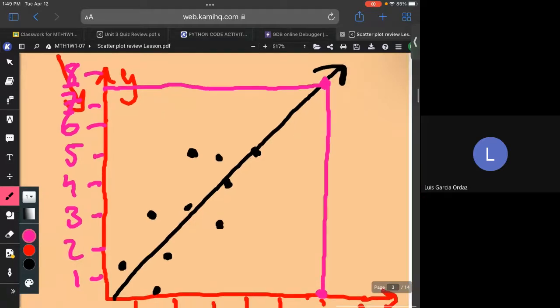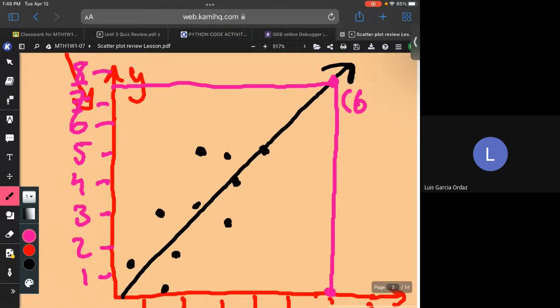I know my x value is 6. What's my y value? What's between 7 and 8? 7.5. So that would be my extrapolated point because I extended my line of best fit outside of the data that I had. We're good? Any clarifications?